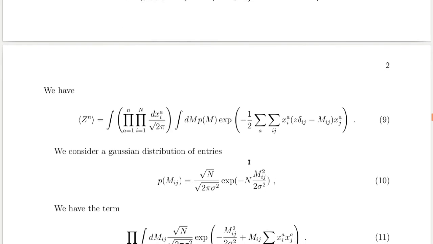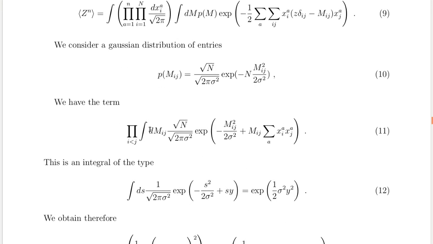So for instance, let's say that m is a symmetric matrix, and the entries are drawn from a Gaussian distribution with mean 0 and standard deviation sigma over square root of n. The reason we take the standard deviation to be sigma over square root of n is because we want the final integral to have the right statistical properties when we take the limit of n going to infinity.